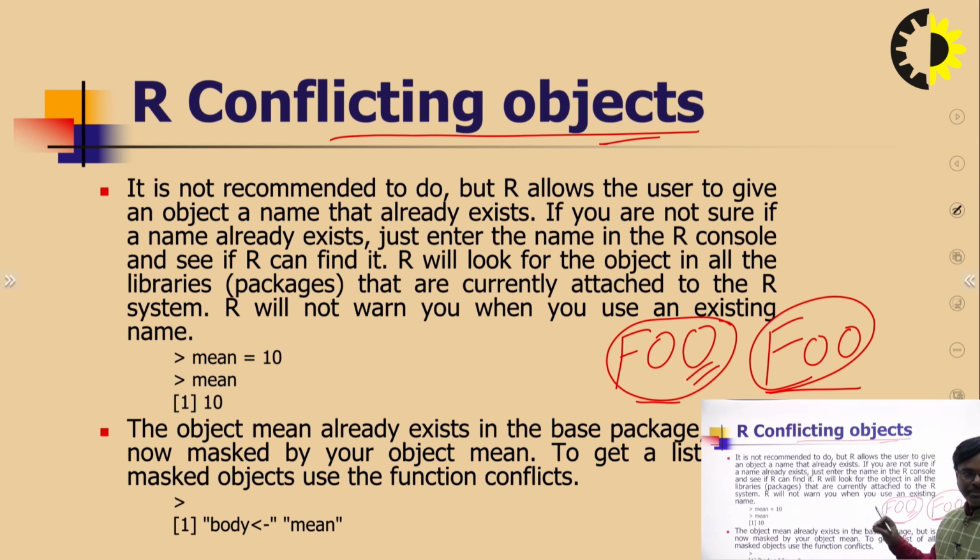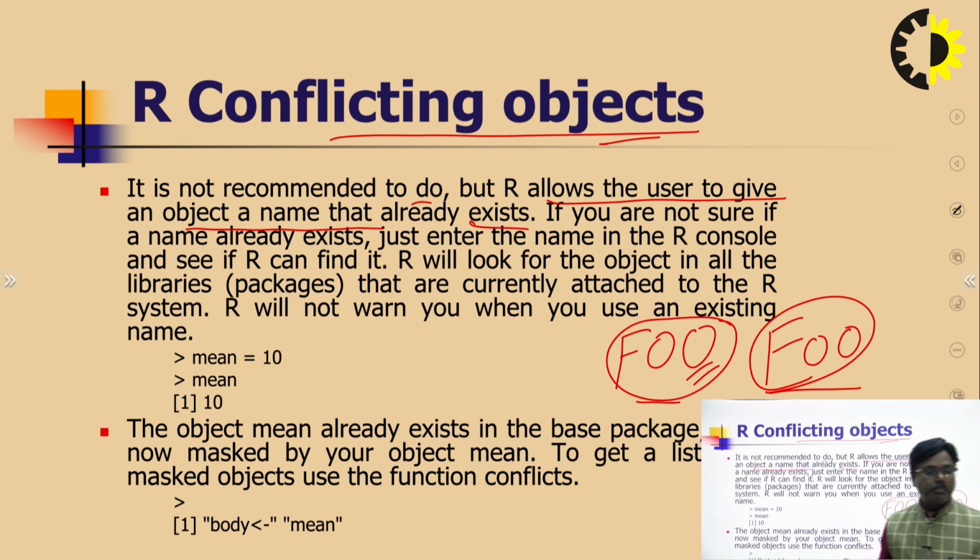What R programming includes here is conflicting objects. Sometimes what happens is that we use the same name for a different purpose. That's why this has been introduced here, conflicting objects. It is not recommended to do this, but R allows the user to give an object a name that already exists.